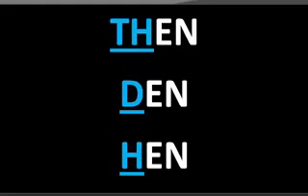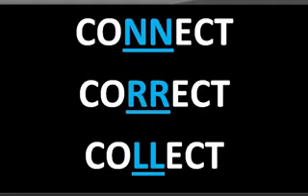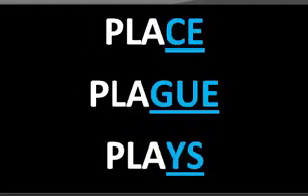So, in summary, the clues are either in the middle of the words or at the beginning of the words or at the ends of the words. So, in this test, you really need to listen carefully.